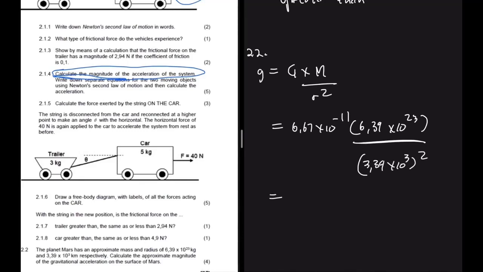And if you put this in your calculator, it's going to give you 3.71 meters per second squared, which is actually the gravitational acceleration of Mars in real life.